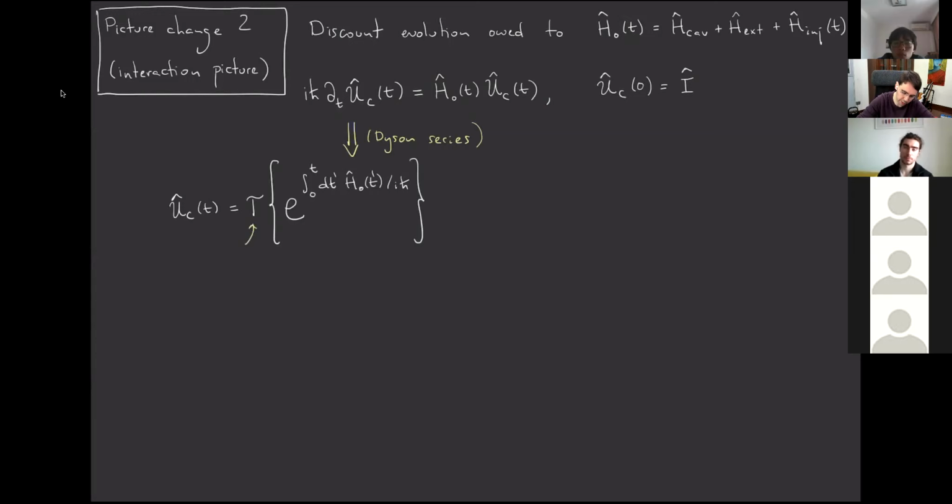So this symbol here is what we call the time ordering symbol, and what it does is it simply orders whatever product of operators you have in chronological order starting from the right, okay? So if you have a product of two operators, one at time 0 and one at time t larger than 0, then the time order of that expression will always be first the operator at 0 on the right, then the operator at t on the left, okay?